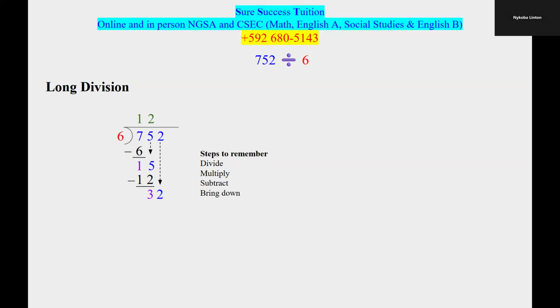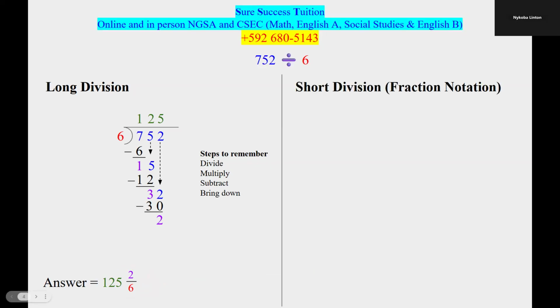We have 6 into 32, how much? 5. 5 multiplied by 6 is 30. We subtract, how much do we remain with? 2. So our final answer would be 125 and 2/6. Remember again, for the time being, we can keep our answer in this form, but we will learn that this can be simplified.